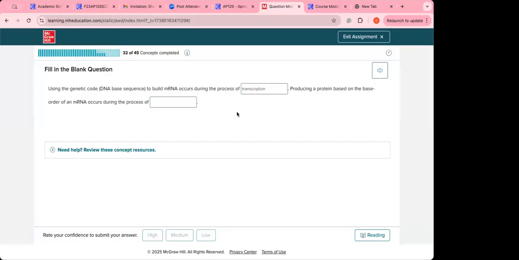And producing a protein based on the order of an mRNA.